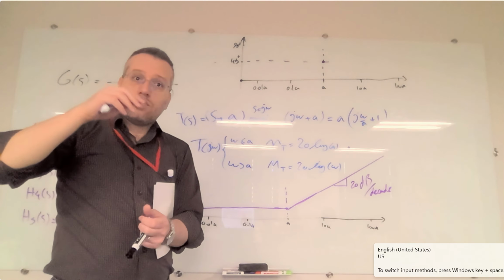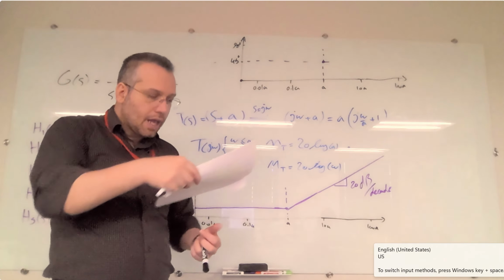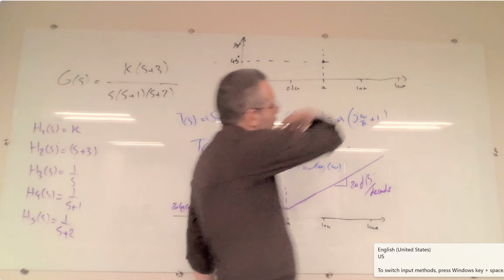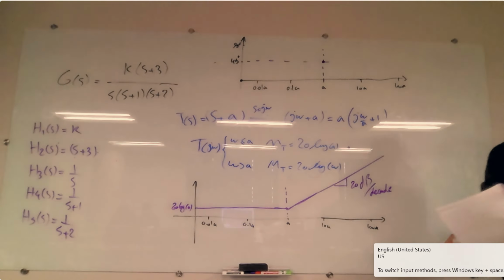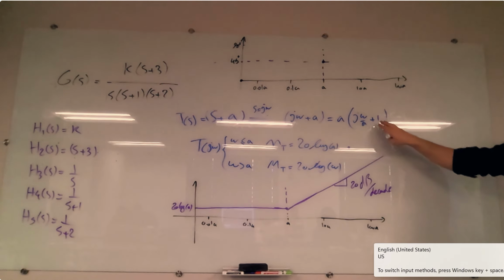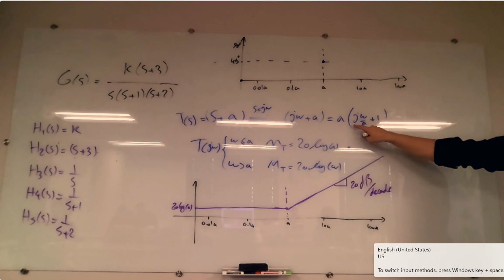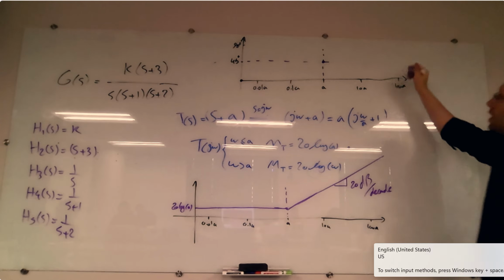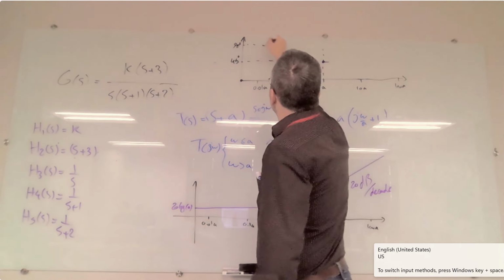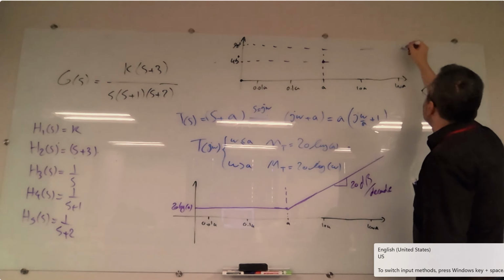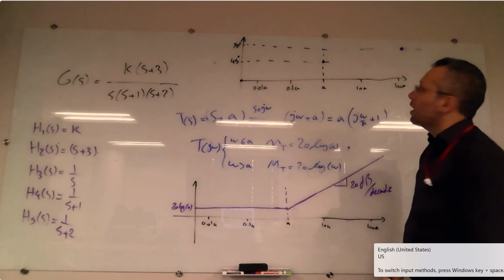And when omega is much higher than a, in the infinity part, we said we don't have any constant. This is tangent of infinity. Tangent of phi is equal to infinity, so tangent inverse of infinity is going to be 90. So we are going to end up somewhere here, right?